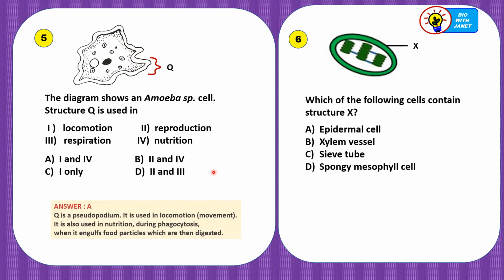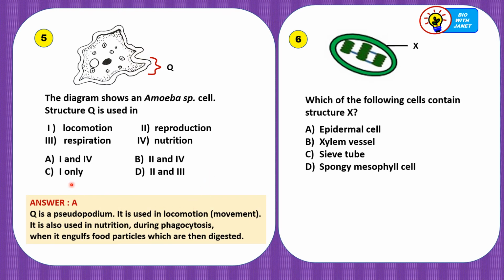Right, let's look at the answer. Answer is A, 1 and 4. So first we have to identify structure Q, which is a pseudopodium. So it's used in locomotion. Locomotion means movement. And it's also used in nutrition for feeding.